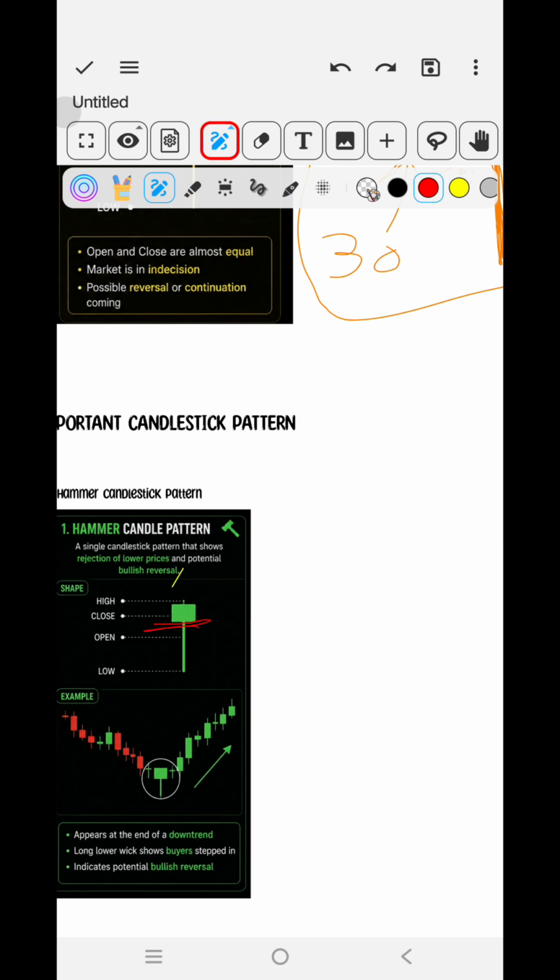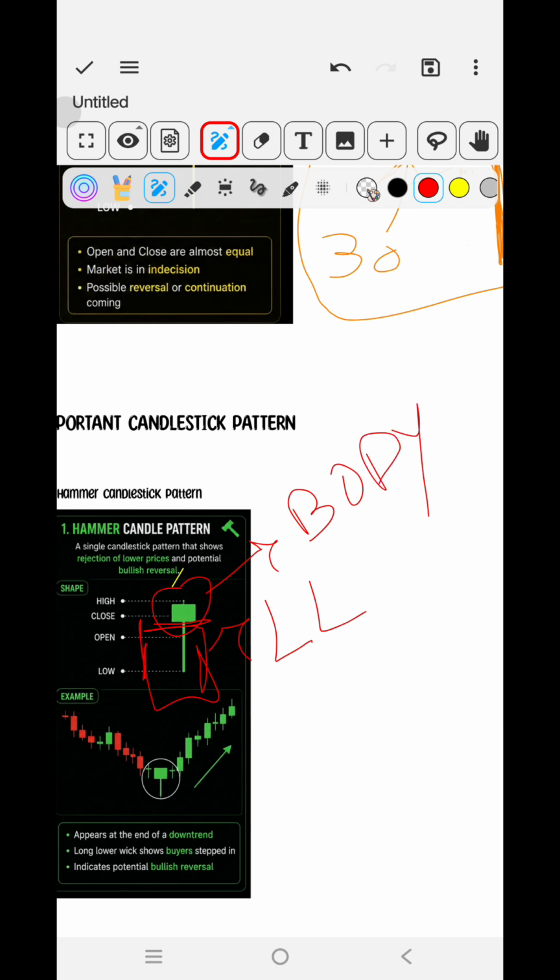This is the lower wick and this is the body. It usually appears after a downtrend.